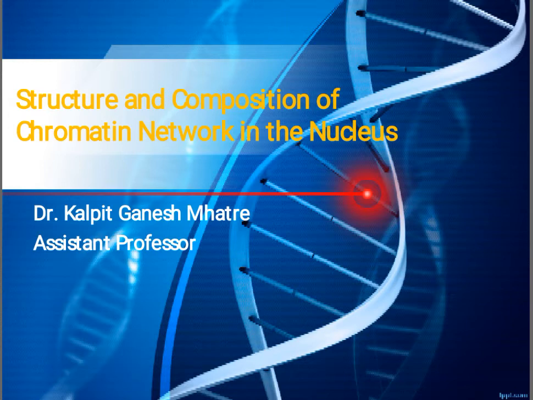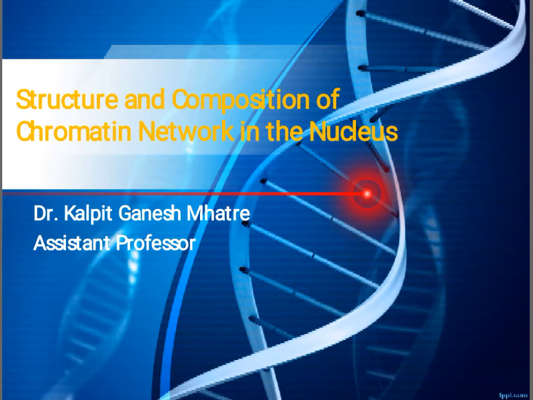So whenever we study nucleus structure, it is made up of nuclear envelope, nuclear pores, nucleolus and chromatin. And in this presentation, I will speak about structure and composition of chromatin network.